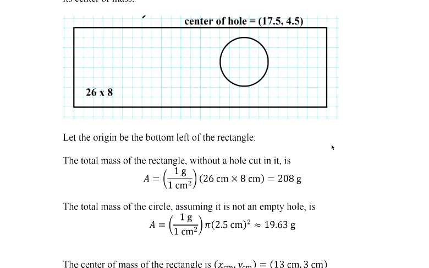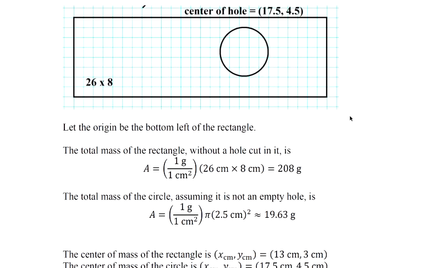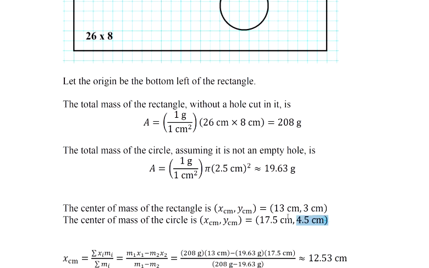The total mass of the circle, assuming it is not an empty hole, is this. So this circle, if it did have a mass, it would be this. The center of mass of the rectangle is this, assuming there was no hole. The center of mass of the circle is this.